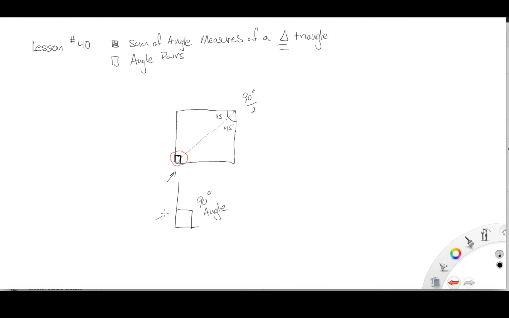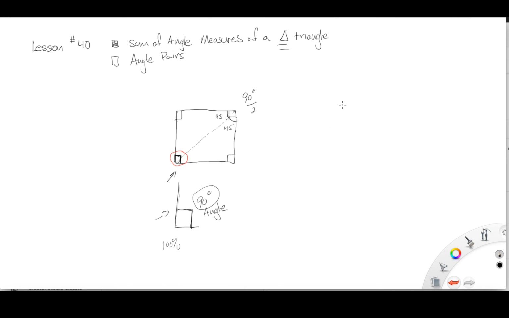And here I've blown it up over 100% so you can see it. So here was the corner, and then there's this indicator box. That means that it's a 90-degree angle guaranteed. Okay, so if this is square, that means every single other one of these angles is also square.